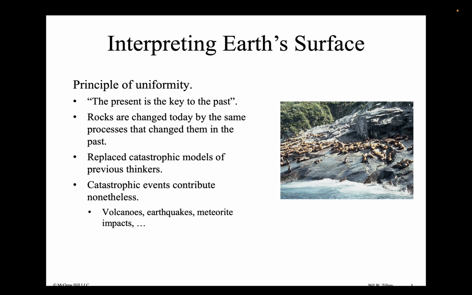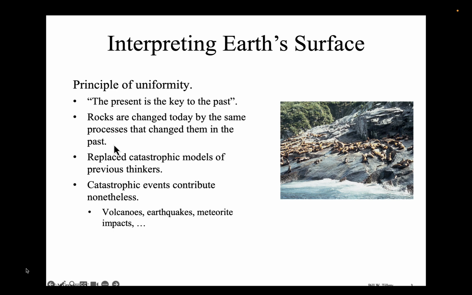This principle tells us that the same geologic processes that are occurring to the rocks today also occurred in the distant past. So the rocks that we have today are changed by the same processes that changed them in the past.